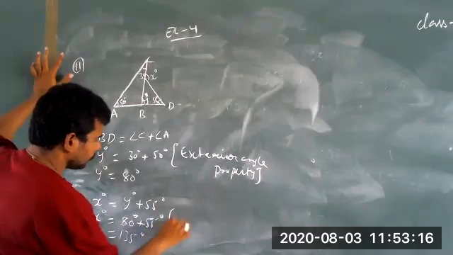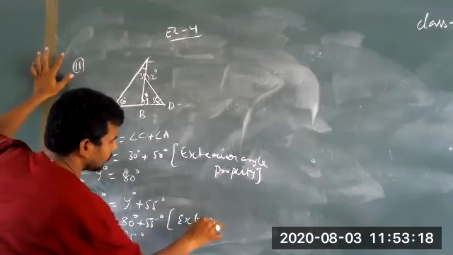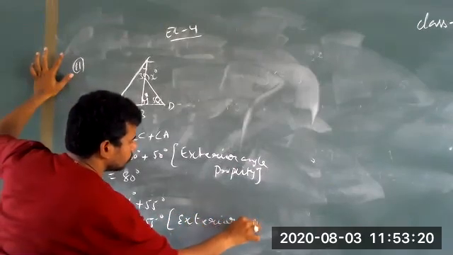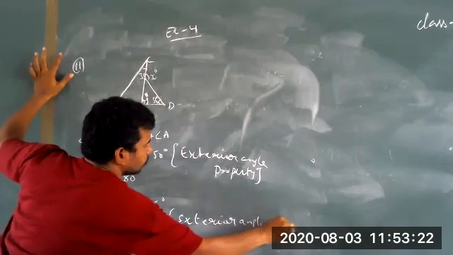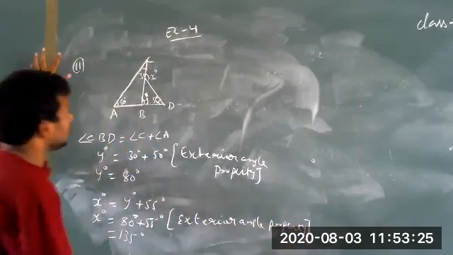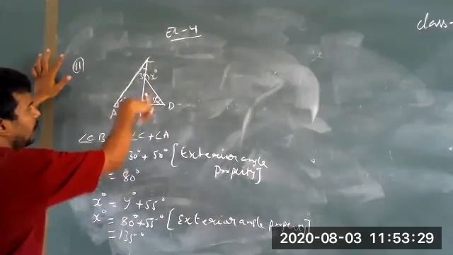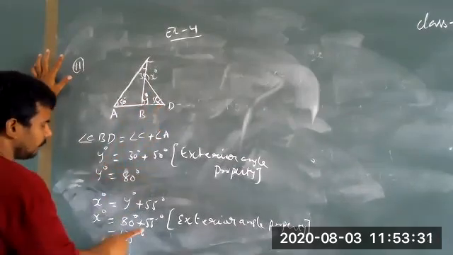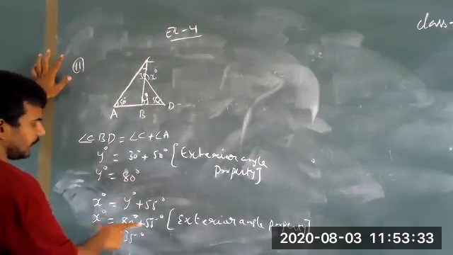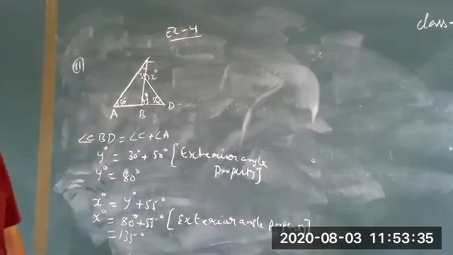Okay, so x degrees equals the sum of two interior opposite angles, y plus 55. Y is how much? 80. 80 plus 55 equals 135 degrees.